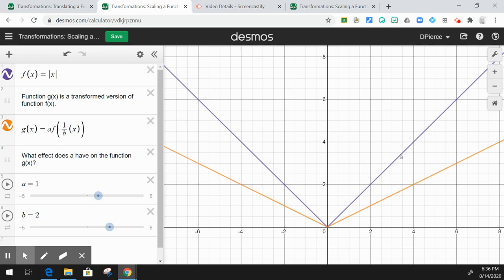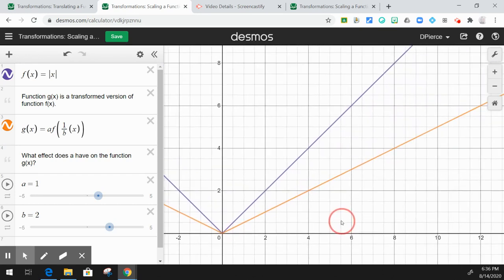If you look at the purple, which is the parent function, and we look horizontally, what's it doing? Well, instead of being 2 units away from the y-axis, so here's your y-axis, we're moving it away from the y-axis. So instead of 2 spaces away from the y-axis, we now are 4 spaces away.